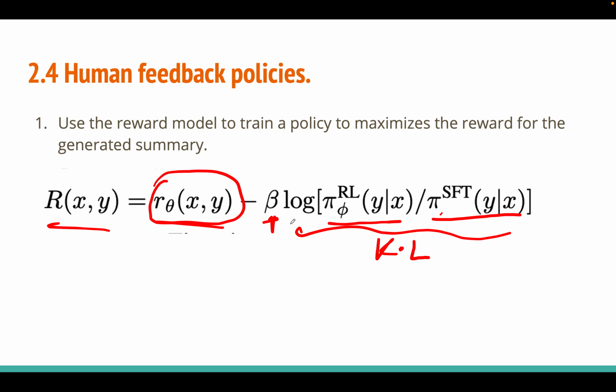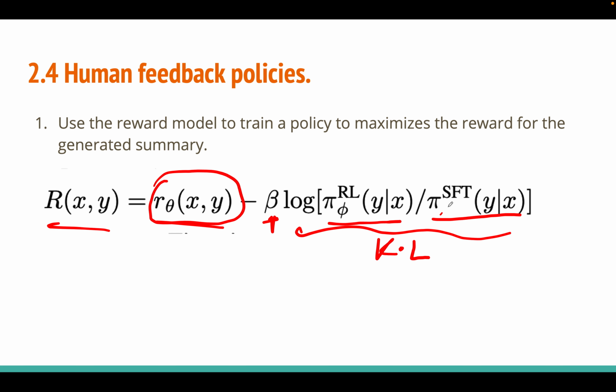So what does it say? The KL divergence tells you two things. One is don't update the model so that the parameters are too far. Let's say I have this SFT model. I don't want to diverge too much from it, because the SFT model, as you know, is trained on a huge amount of unlabeled data, and it is good at generating general text.